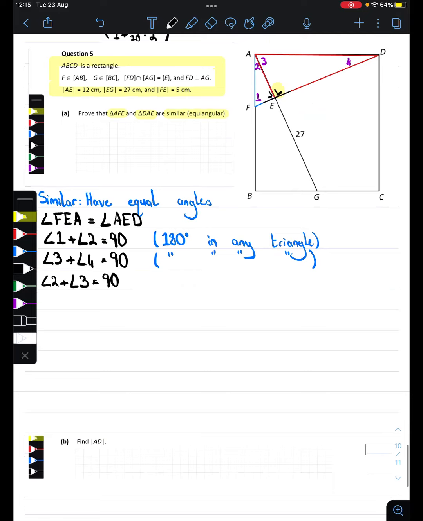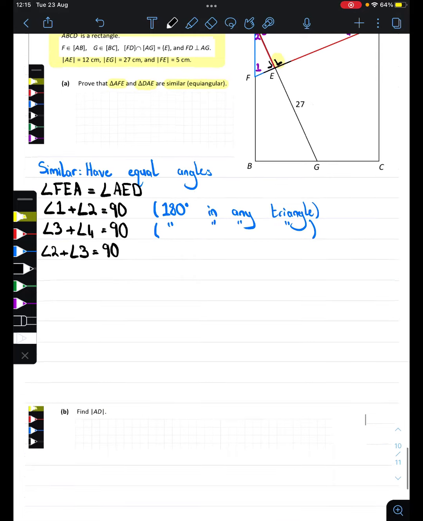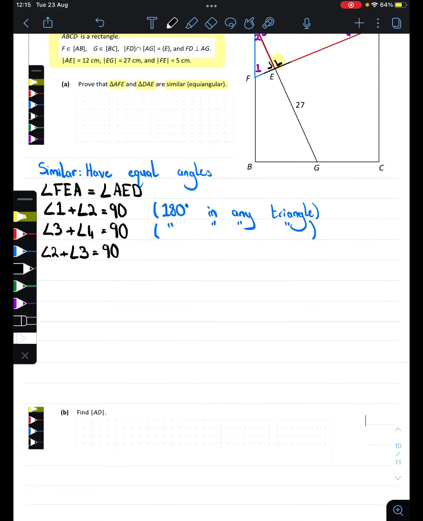If we put this equation with this equation, angle 1 plus angle 2 equals 90, and angle 2 plus angle 3 equals 90, so angle 1 has to be equal to angle 3, because when you add angle 2 to either of them, you get the same answer.